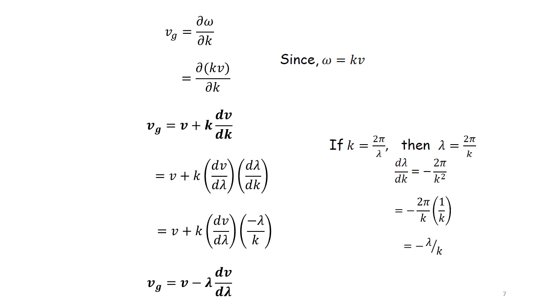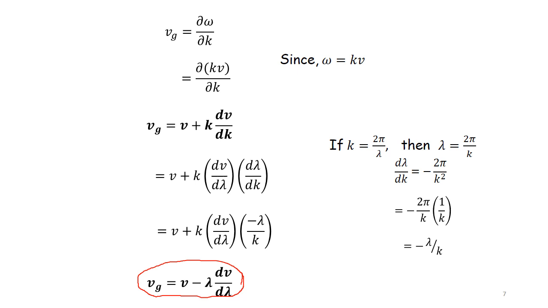So if you are given the wave velocity of each wave and the wavelength of each wave, then you can obtain the group velocity.